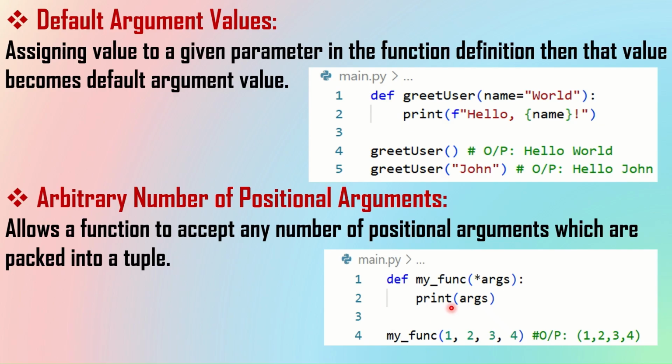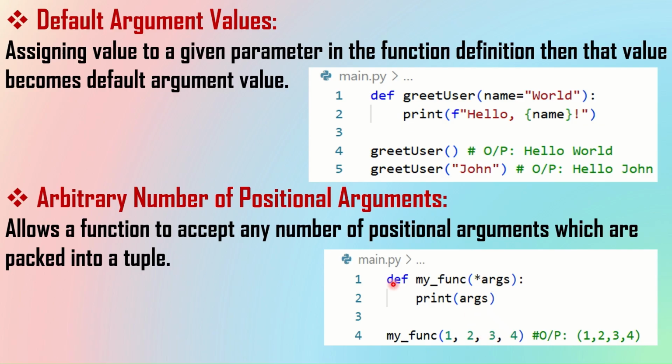Here you can see I have defined one function named my_function, and these positional arguments are usually defined with star args. Inside the function definition, we pass the positional arguments as star args, and while making a function call, however many positional arguments we pass will all be passed to these star args.